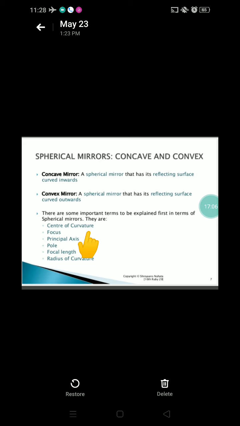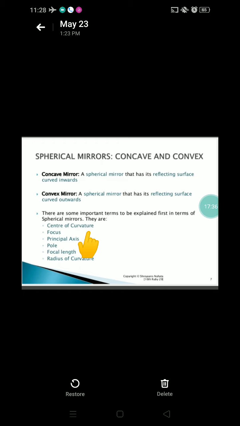Our next type of mirror is spherical mirrors. What are spherical mirrors? The spherical mirrors are the mirrors in which the reflecting surface is curved inwards or outwards. In fact, a spherical mirror is that mirror whose reflecting surface is a part of a hollow sphere of glass.